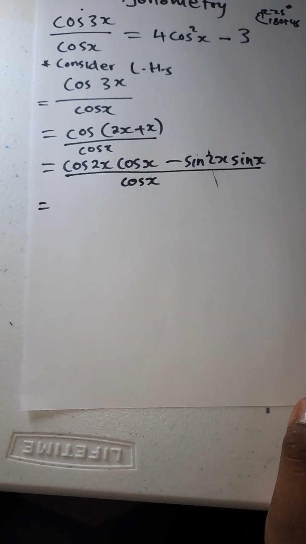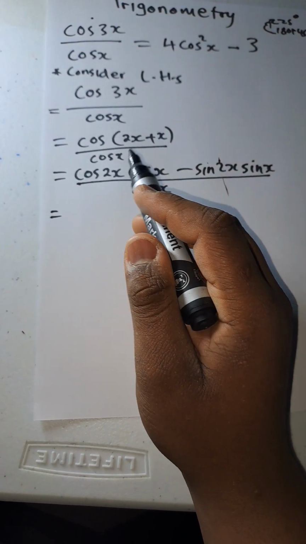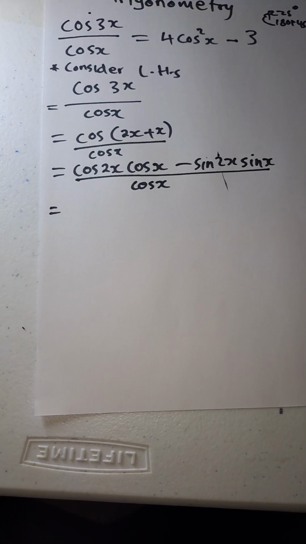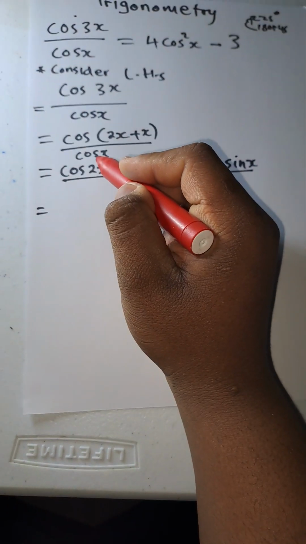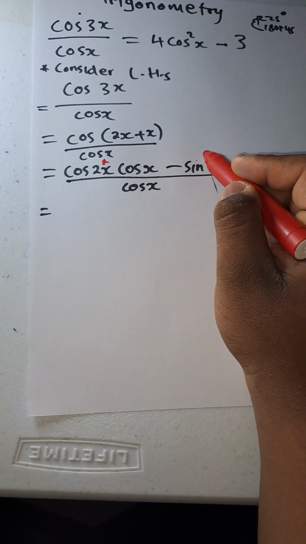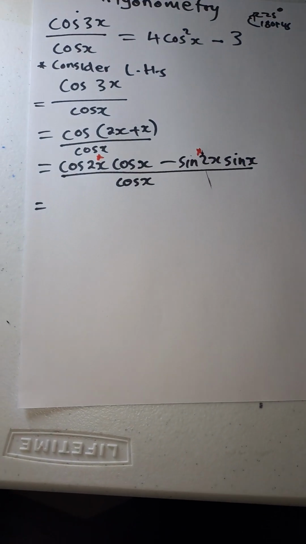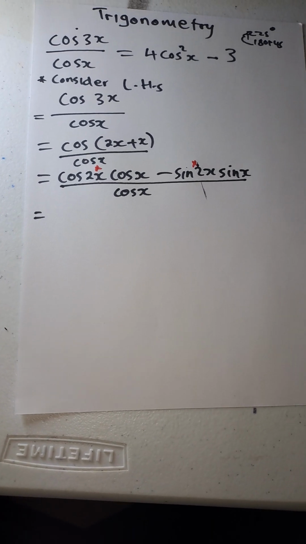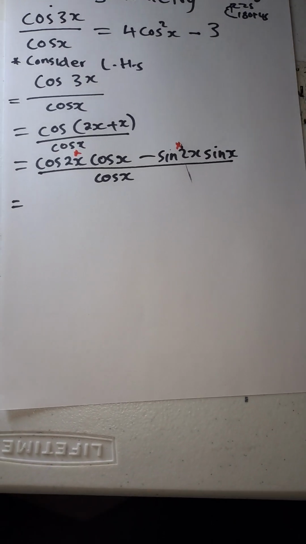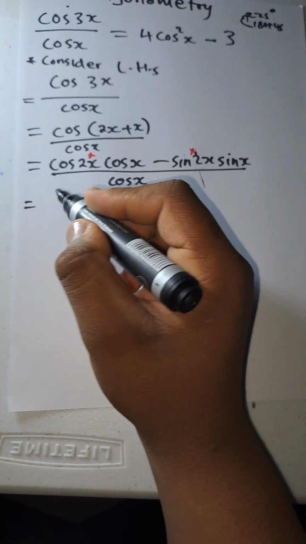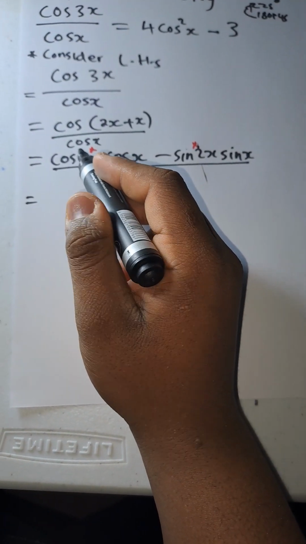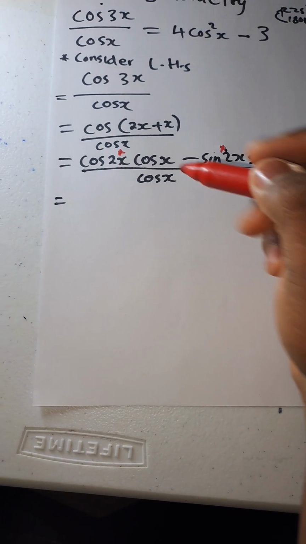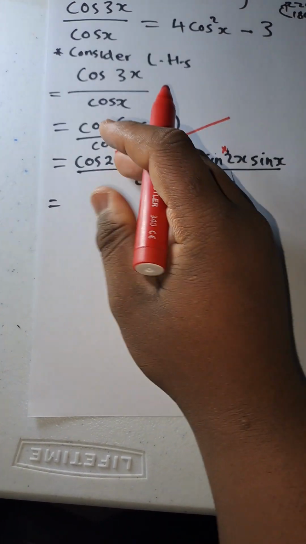So now after that, I can see that I have an identity there. Is it fine? Check. I have an identity there and I have the second identity there. So it means now I can use my knowledge of trigonometry and open this thing up. Is it fine? So now you're gonna see, remember cos 2x has 3 answers there.